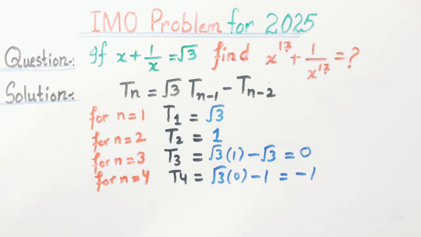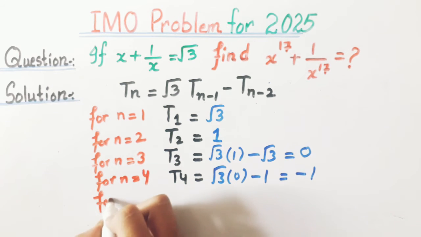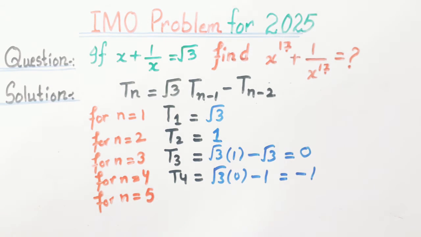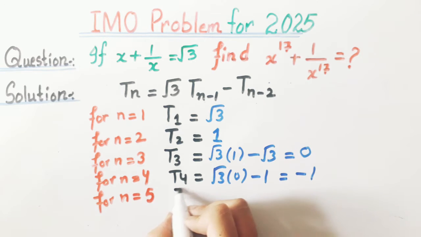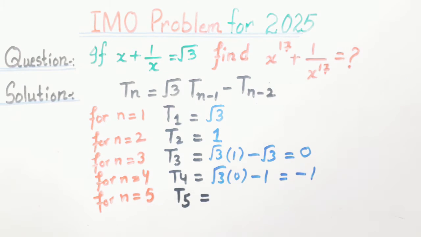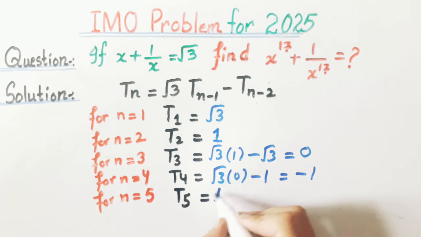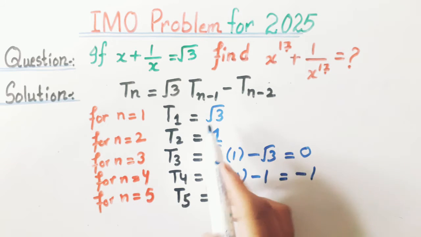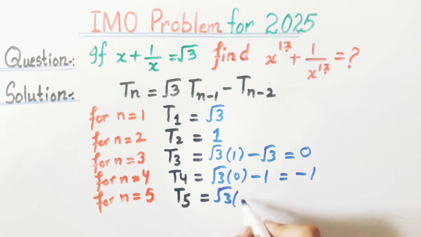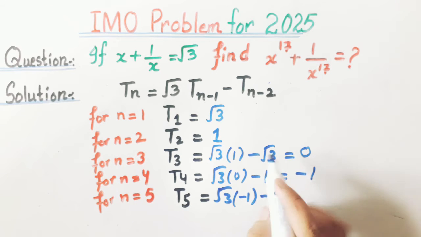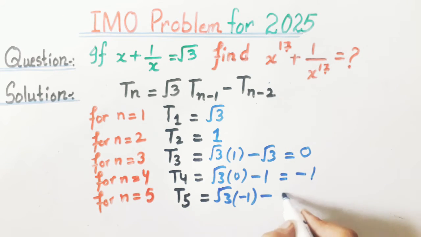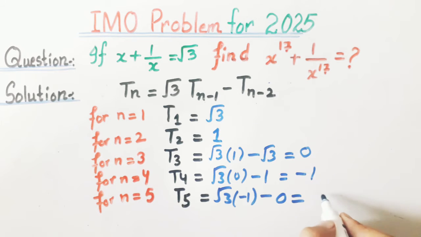Now for n is equal to 5, we will get the value of T5, that is equal to square root 3 times T4, that is minus 1, minus T3, which is 0. So we get value of T5, that is equal to minus square root 3.